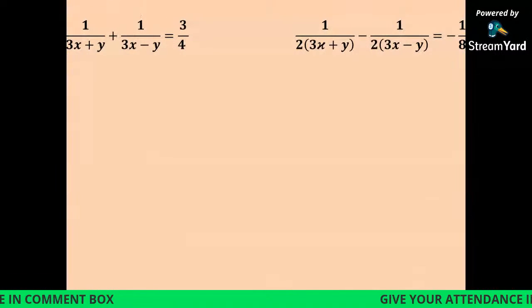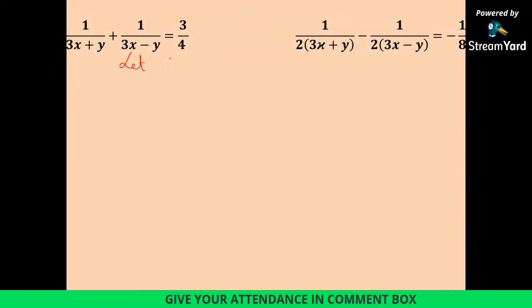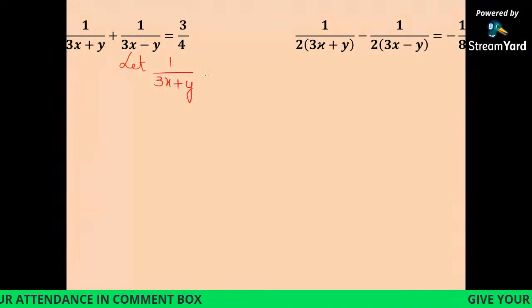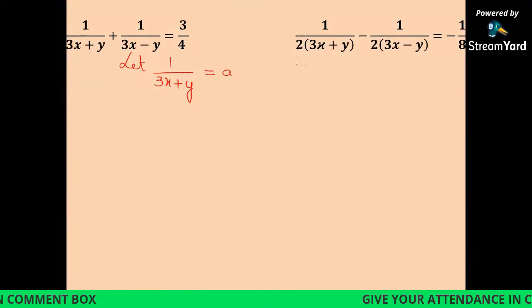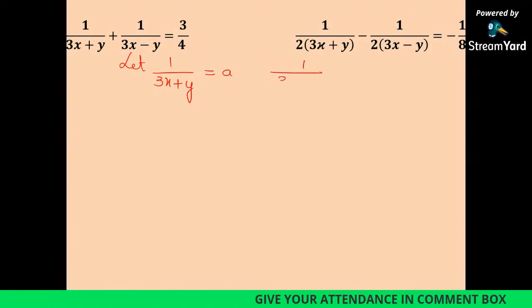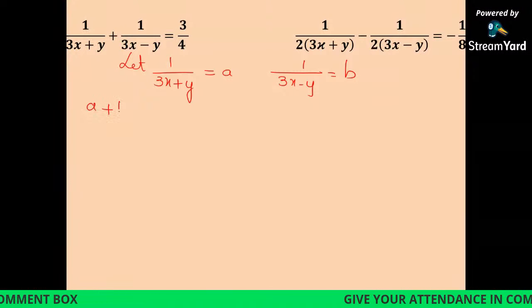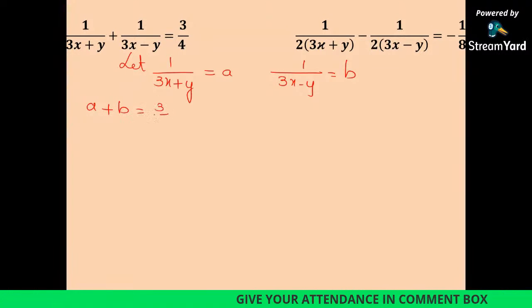Here, let 1 divided by (3x plus y) be equal to a, and 1 divided by (3x minus y) be equal to b. I am going to consider. Then our first equation will be a plus b is equal to 3 by 4, right?